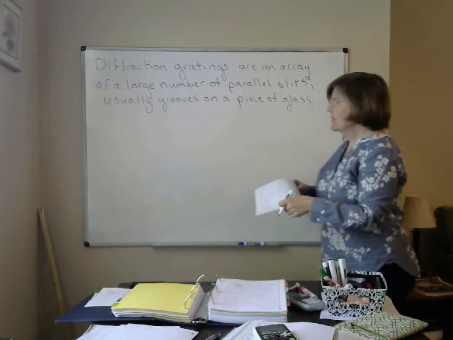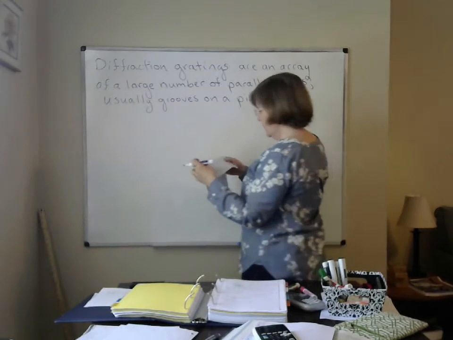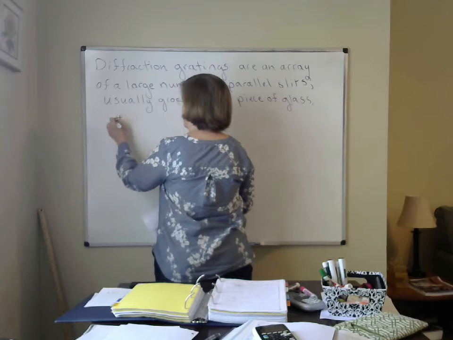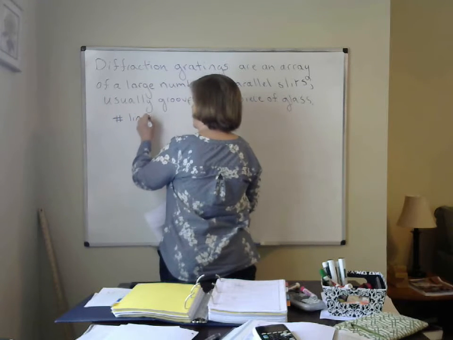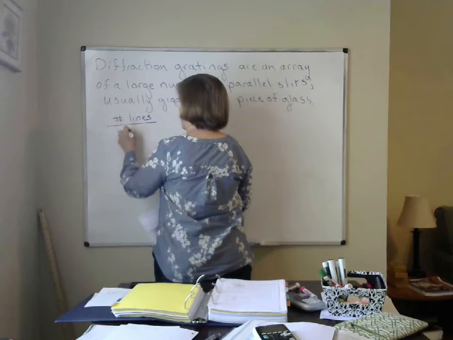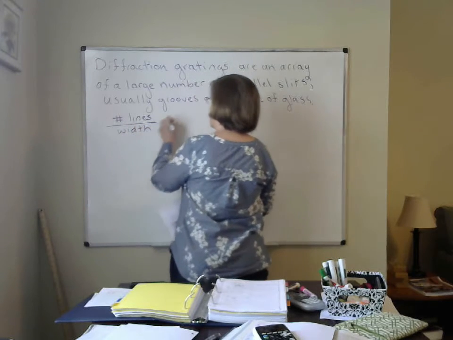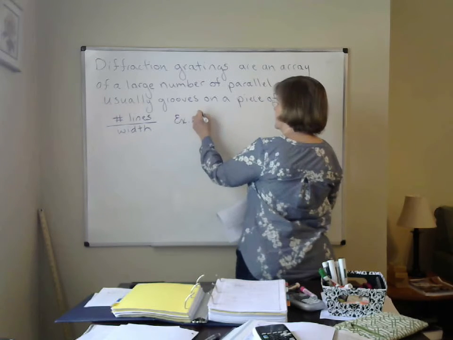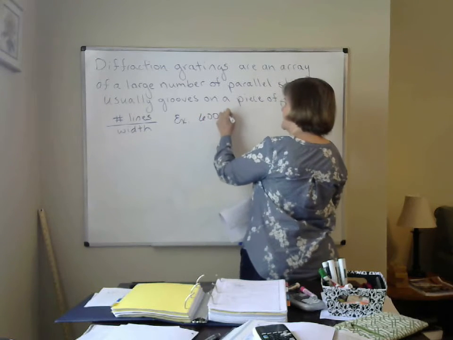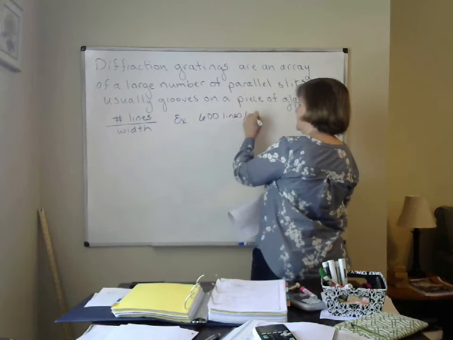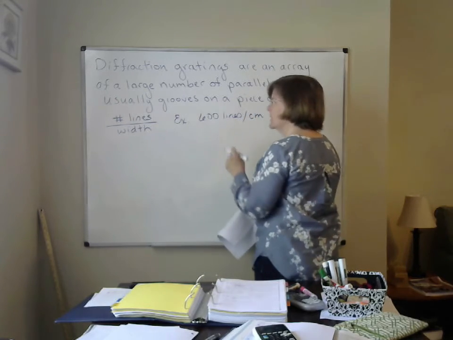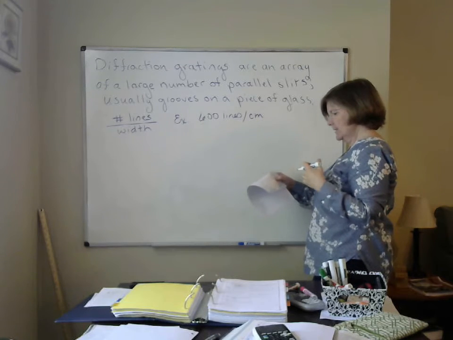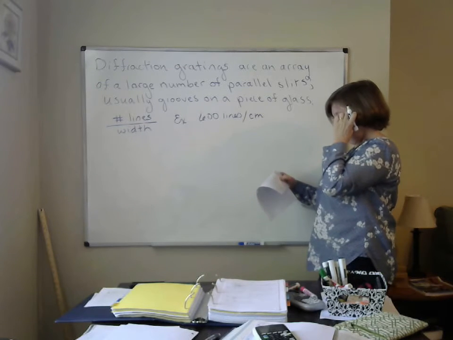We describe them by the number of lines per width. So for example, you may have a diffraction grating that says it is 600 lines per centimeter. That means in a 1 centimeter space, there's 600 of those grooves or 600 lines.